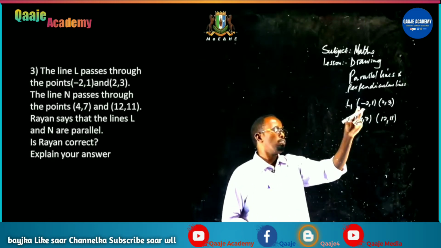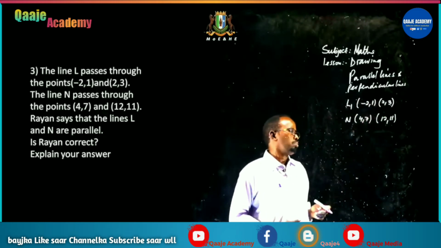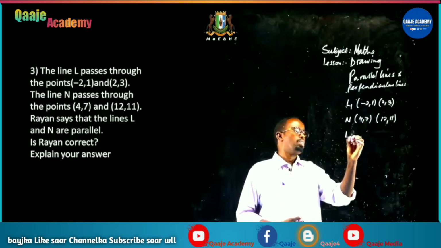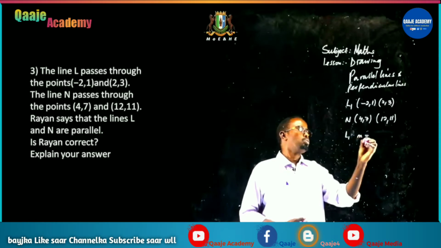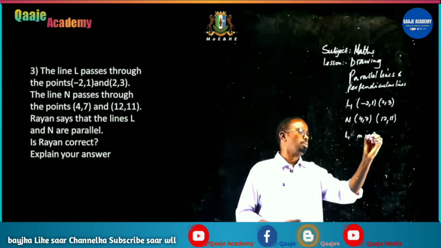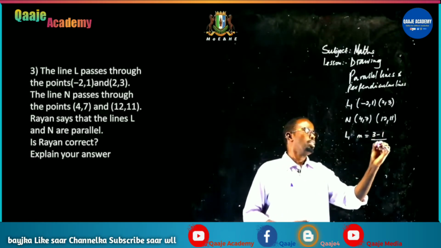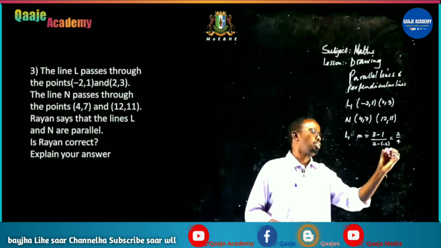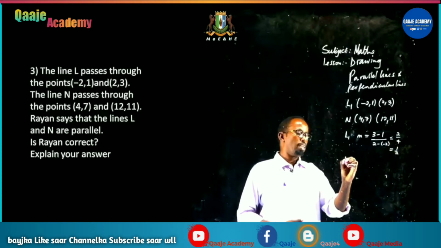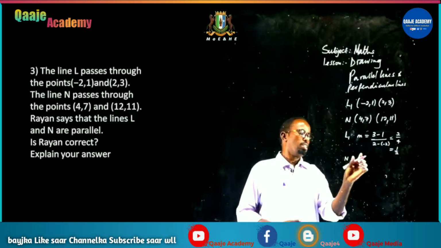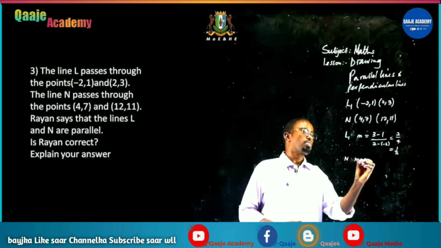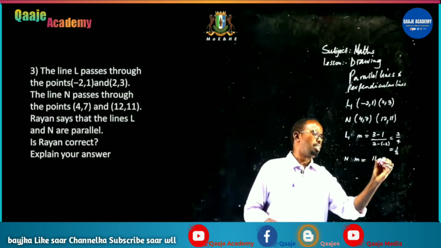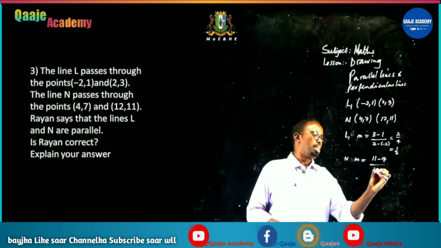Now first of all, you must get the gradients of the two lines. So line L1, the gradient is m equal to y2 minus y1 over x2 minus x1, that is 3 minus 1 divided by 2 minus minus 2. You get 2 divided by 4, which is equal to half. For line N, the gradient m is 11 minus 7 over 12 minus 4.